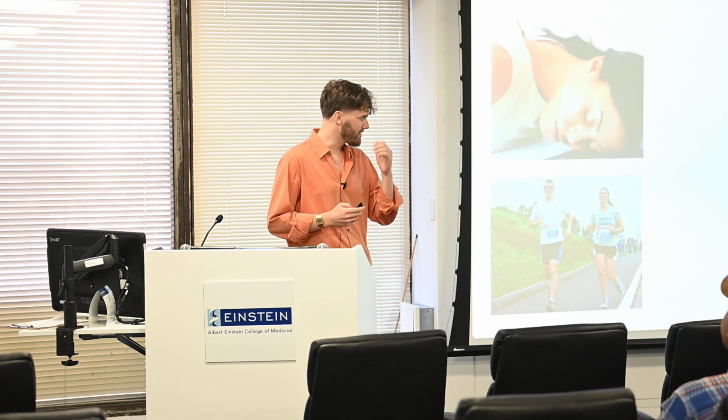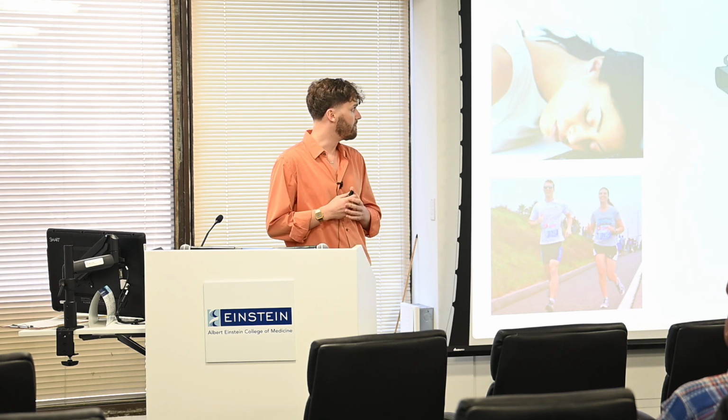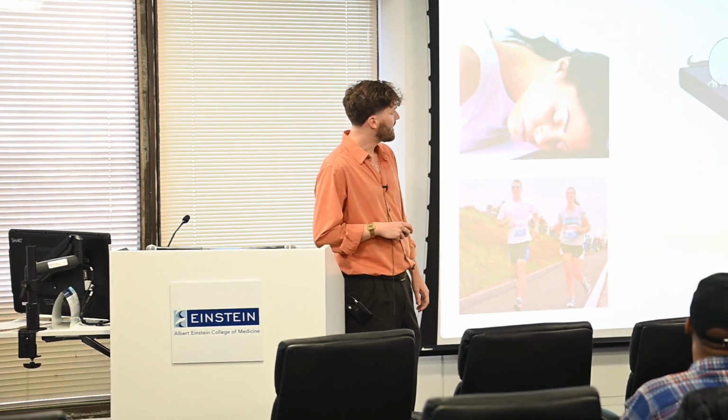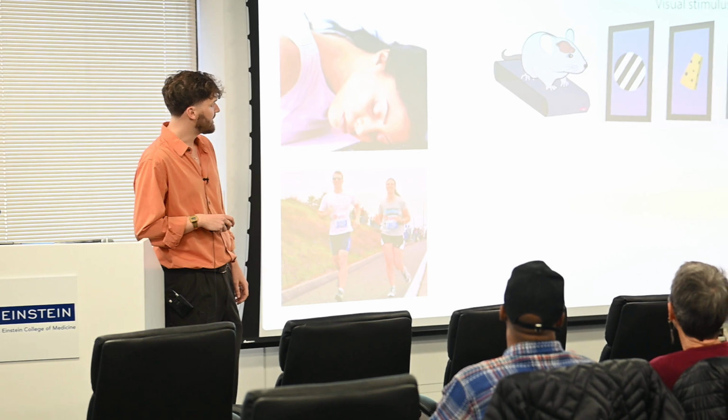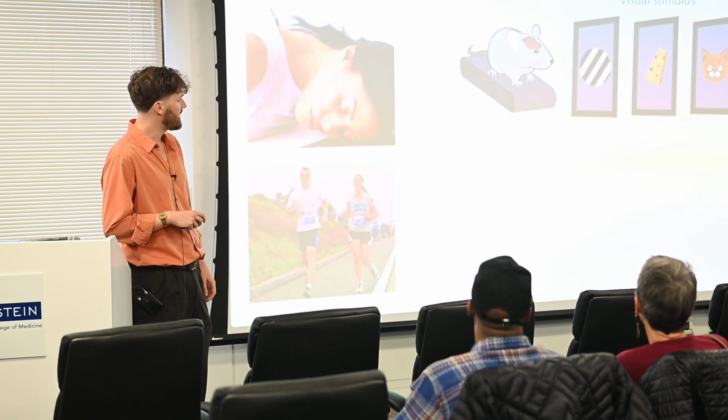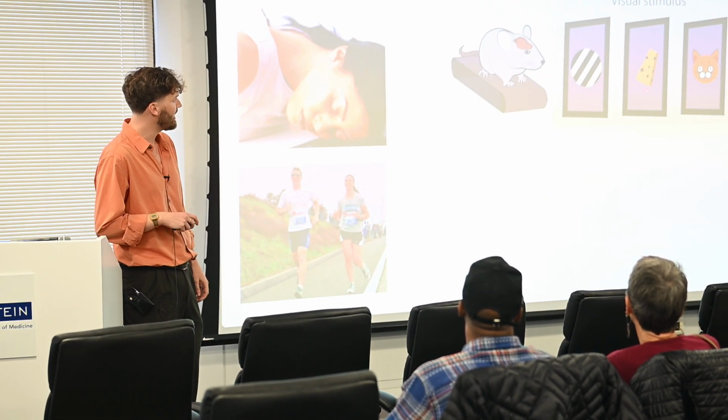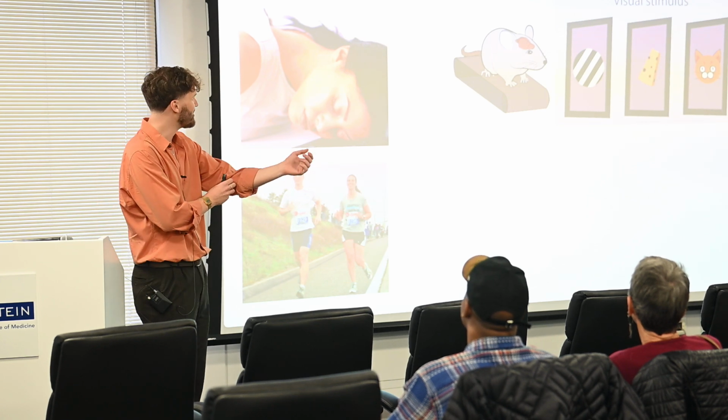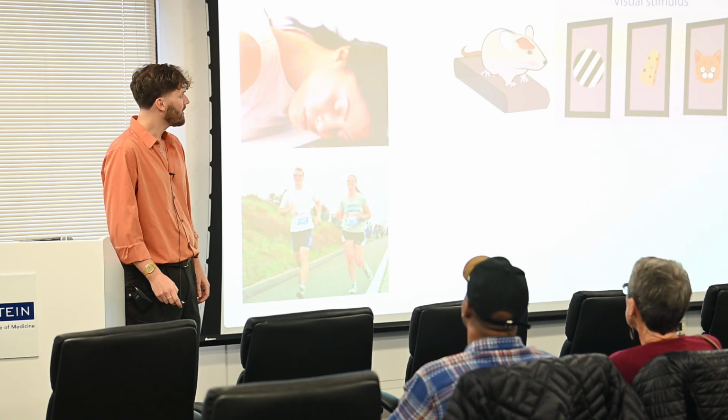But we focus on how behavioral state interacts with vision. In a classical vision experiment, one that we do in the lab using a mouse, we might show a mouse several different visual stimuli: a drifting grating, maybe some cheese, or a little cartoon of a cat.